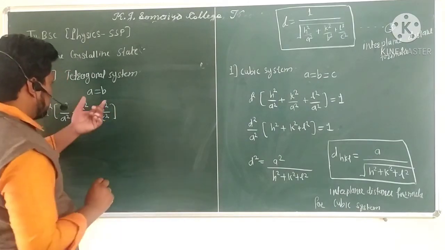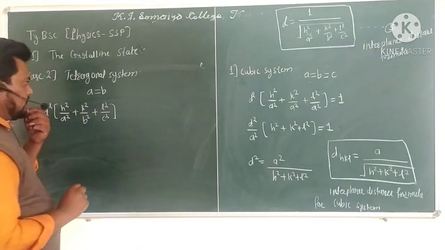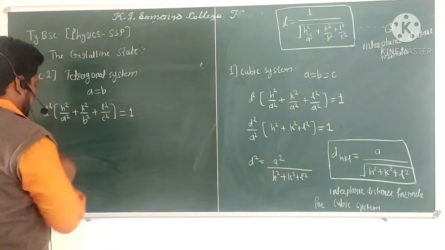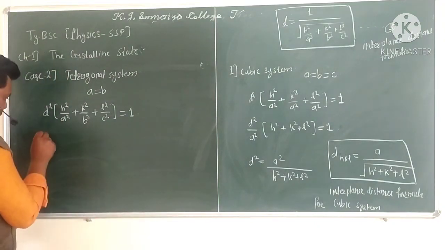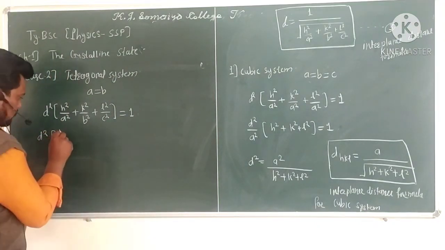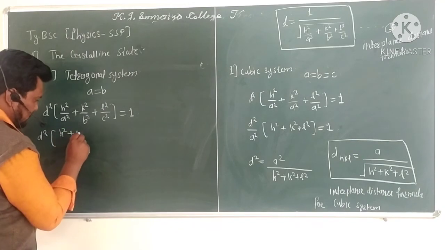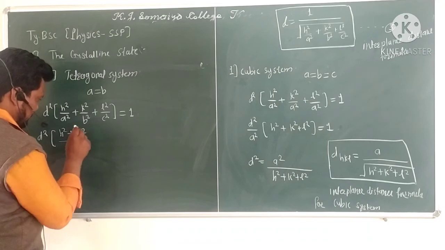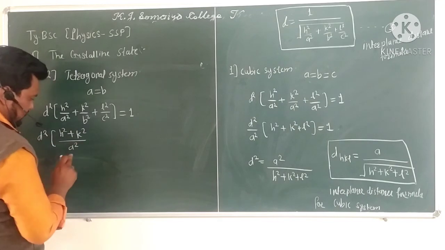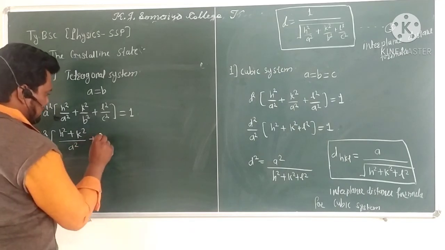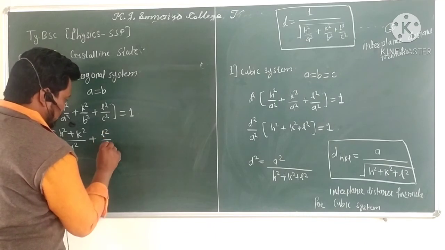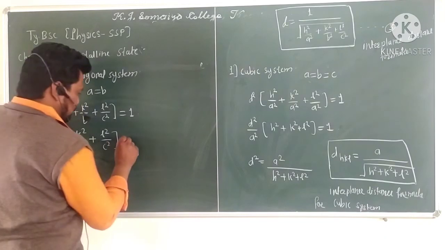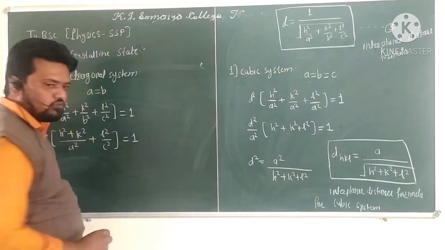So what happens here, both sides a and b are the same, so we get the formula 1 upon d square is equal to h square plus k square upon a square, since both a and b are the same, plus l square upon c square, is equal to 1.